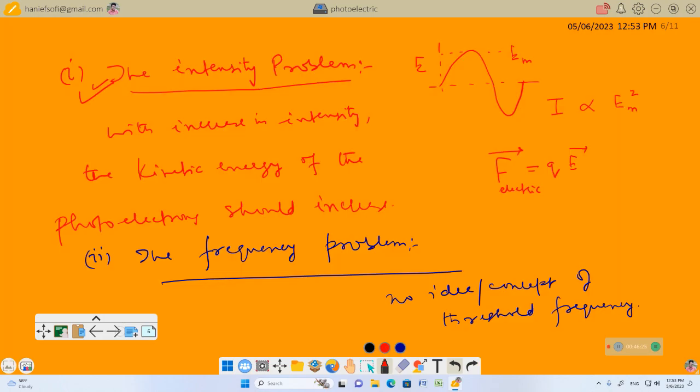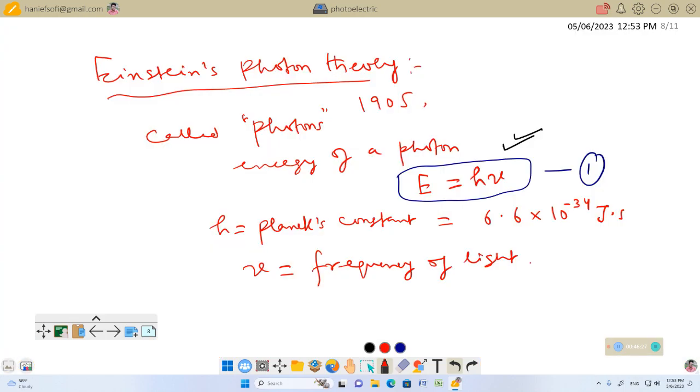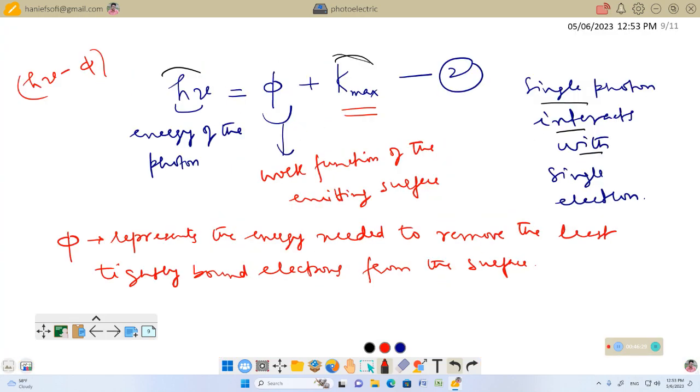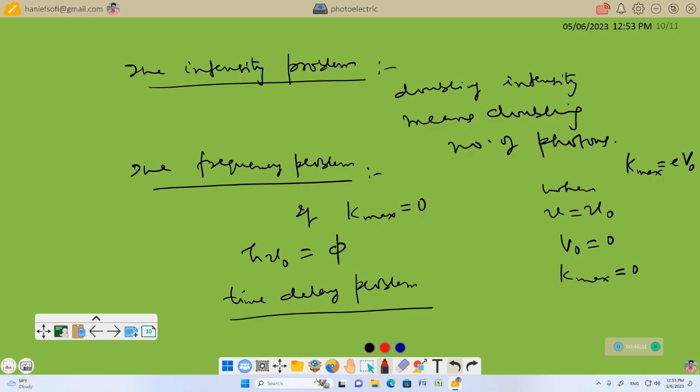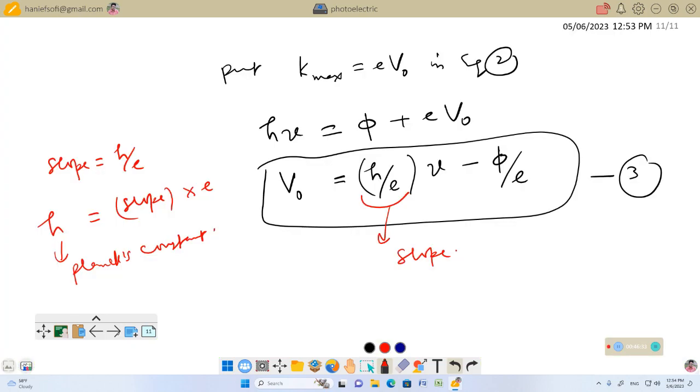Then the Planck's constant value was obtained. Planck's constant value was obtained by other means also. The value obtained using Einstein's theory was compared with the value obtained by other means, and that matched. So you can see the success of Einstein's photon theory.